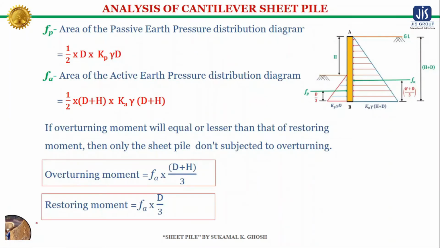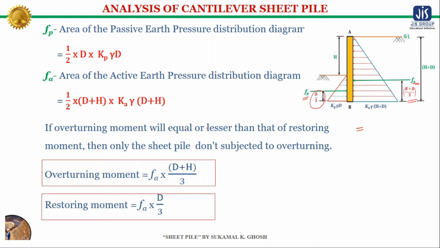Now we can calculate the resultant active earth pressure force and the resultant passive earth pressure force. From this particular figure we may observe the resultant active earth pressure force, that is Fa, is acting at a height of H plus D by 3 from the base of the sheet pile, and in the same way the resultant passive earth pressure force, that is Fp, is acting at a height of D by 3 from the base of the sheet pile.